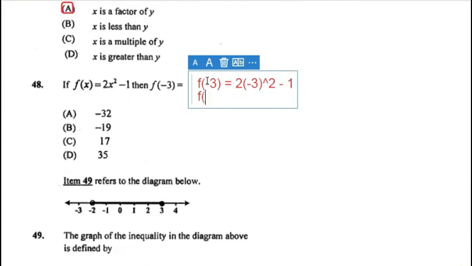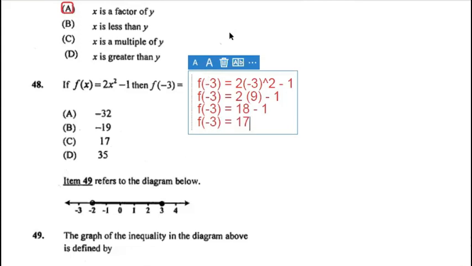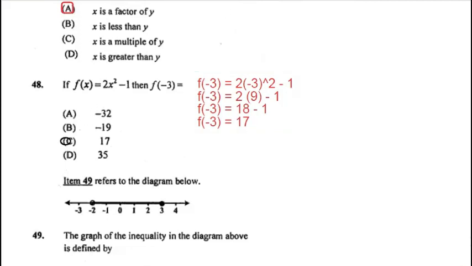So f of negative 3 is equal to 2 multiplied by 9, as 3 squared is 9, and it's negative, so it becomes a positive when you square a negative number, minus 1. So f of negative 3 is equal to 2 nines, 18, minus 1. So therefore f of negative 3 is equal to 17. So our answer for 48 is C.